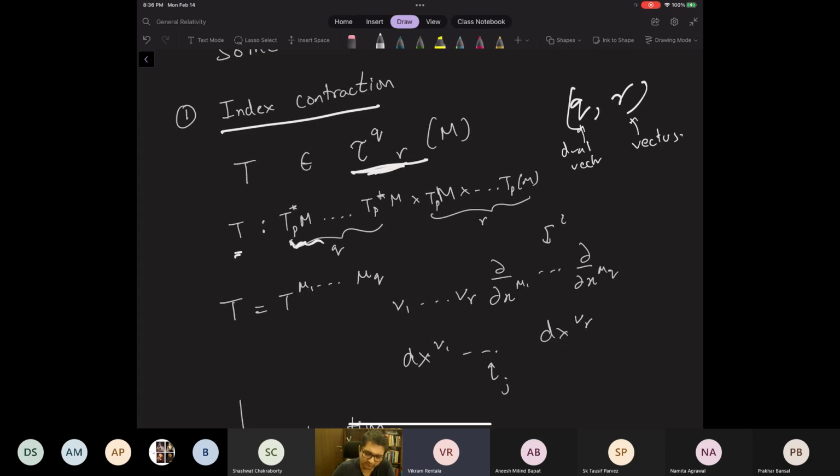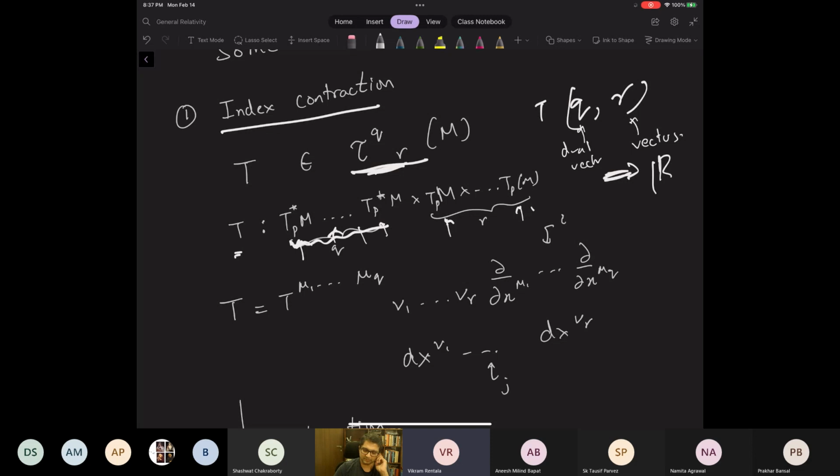I forget how we defined it, but that is the convention. So it's a map from the space of dual vectors, Q times, and the space of R vectors, and what does it map it to? Real numbers, good. So it takes in these vectors and dual vectors and just maps it to a number. That's what a tensor is.